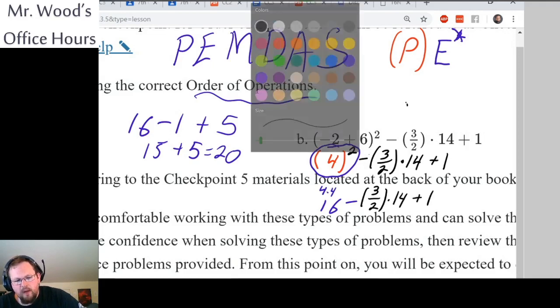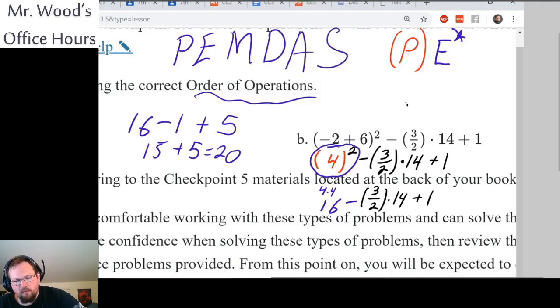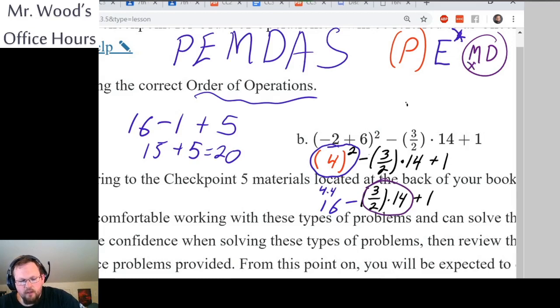And then now I'm back into another part of my PEMDAS where I'm dealing with multiplication or division. My multiplication is this process right here. I know there's a fraction, but it's not that bad. You can just do 14 divided by 2 to get 7, times 3 is 21. So then you have 16 minus 21 plus 1, which apparently I can't write over here.